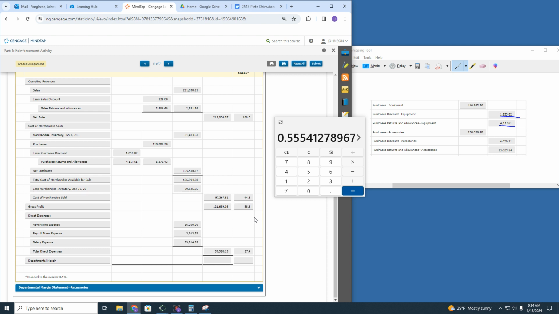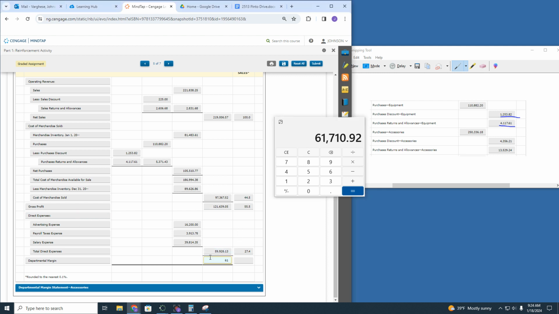All right, so now I can solve my departmental margin after I subtract out direct expenses. So I'm going to take 121,639.05 minus the 59,928.13 of direct expenses that can be attributed directly to the equipment department.